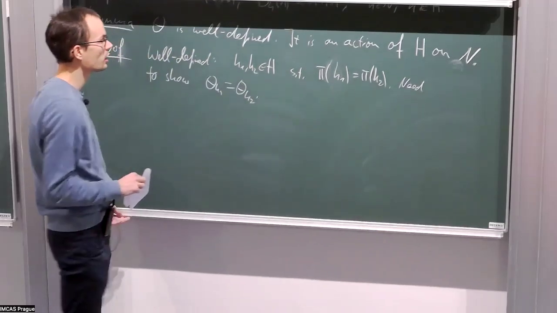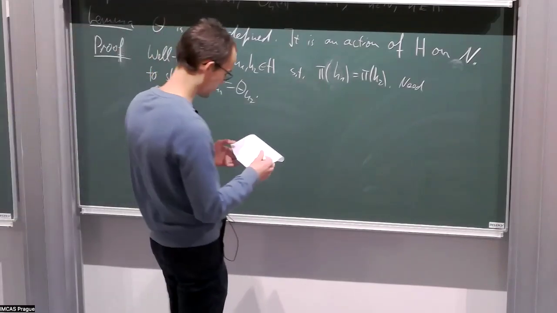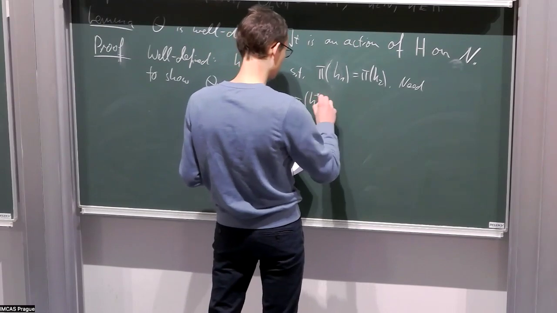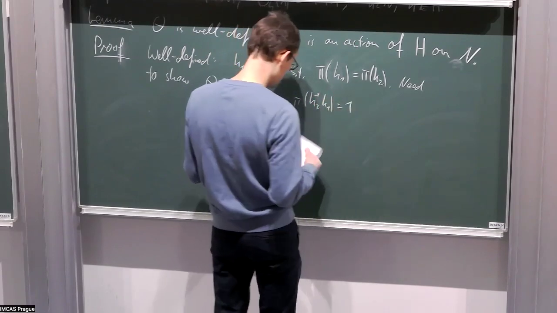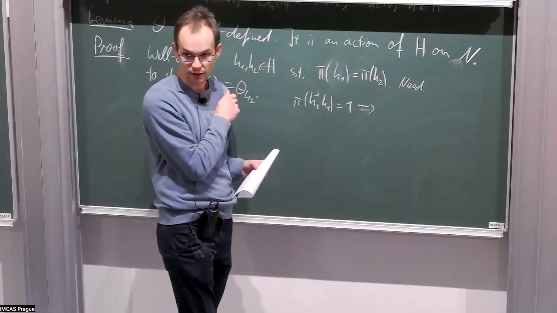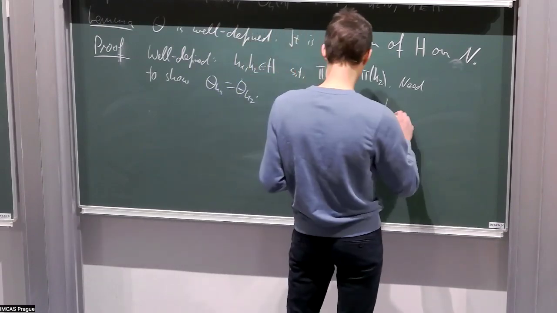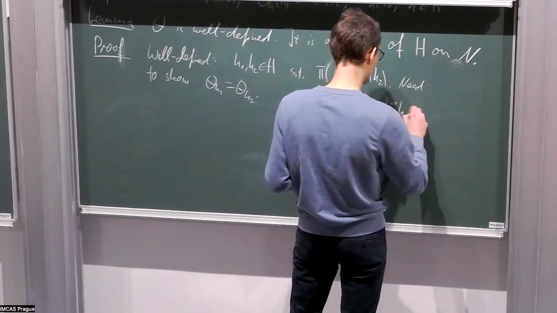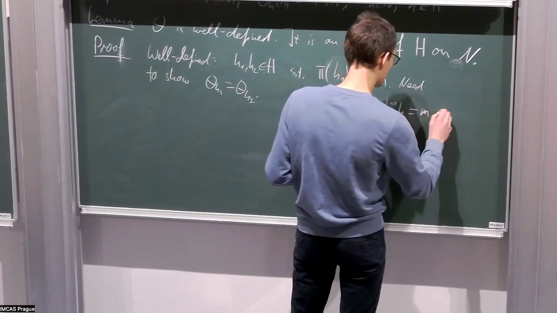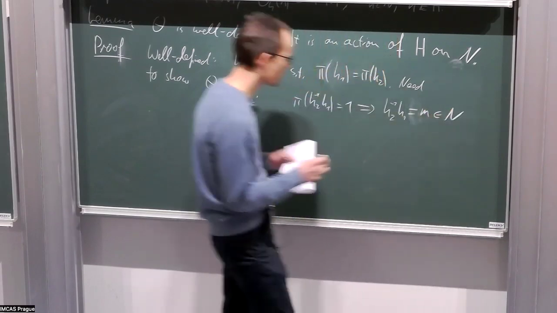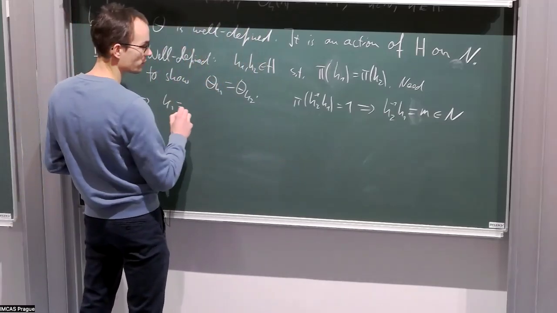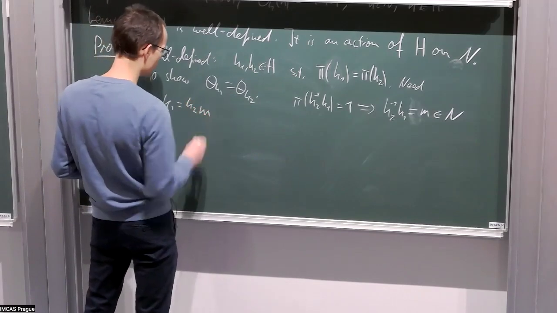Okay, so what do we get from this sort of immediately? We get that pi of h2 inverse h1 is equal to the identity. Now, the kernel of pi is exactly our normal subgroup N. So this means that h2 inverse h1 is equal to some element m in N, which now means that h1 is equal to h2 times m.